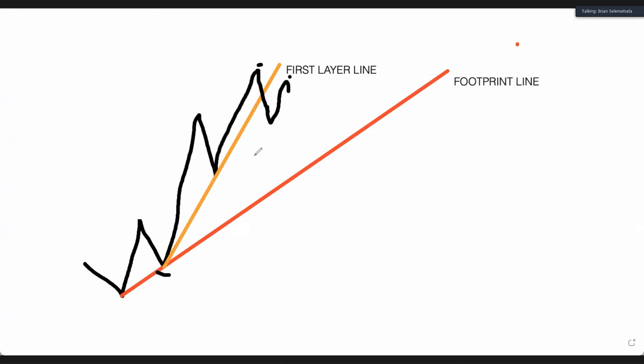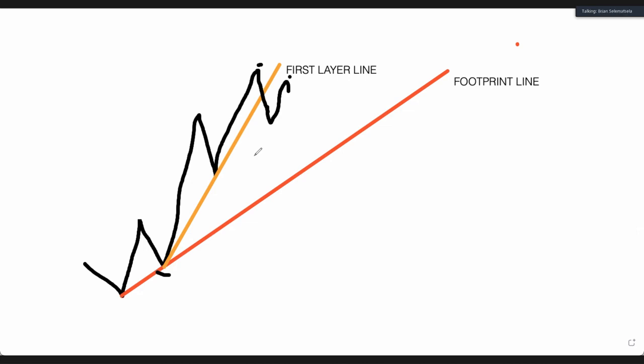Now, from there, after we see that the market has broken the first layer line and is about to make a retest, what we then look for there is divergence. And divergence, we only use for execution purposes. And we also use it for making re-entries, for executing re-entries.